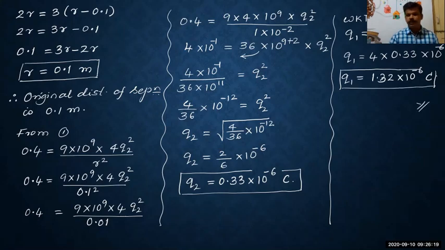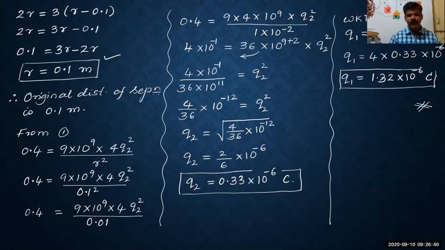Like this, we found the value of two charges as well as we found the distance of separation between the two charges. Any problem, any doubt? See, for your understanding purpose, I have written in detail. Otherwise, I would have used the shortcuts here.